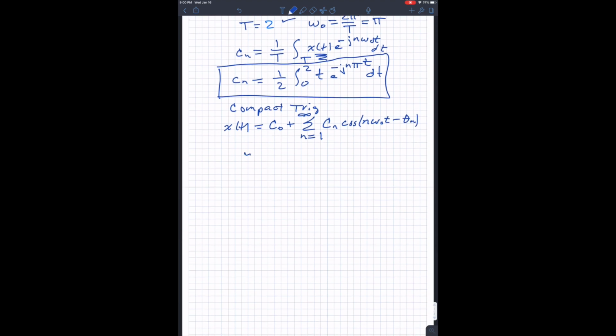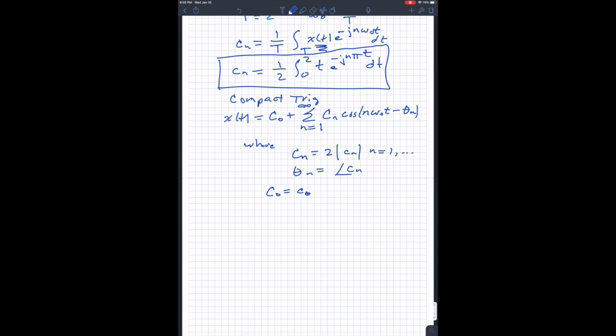Okay, where the capital Cn's are 2 times the magnitude of the little cn's, and the theta n is just the angle of the cn's, and this is for n equal 1 to infinity. n equals 0 is a special case, so capital c0 is equal to little c0, the DC component.